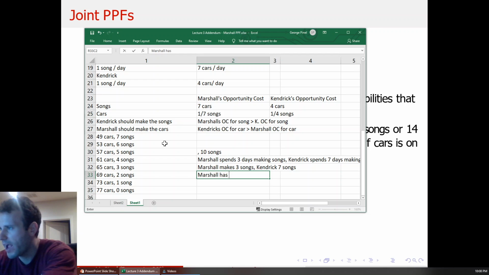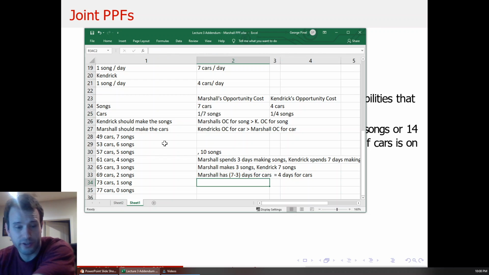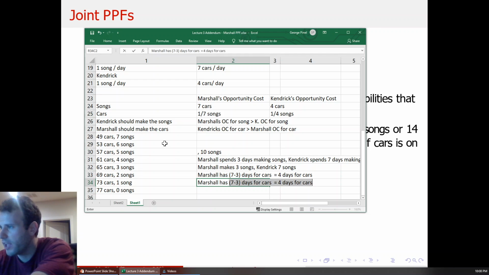Marshall has 7 minus 3 days for cars, right? So that's 4 days for cars. Kendrick has 0 days for cars. So Marshall has 4 days for cars times 7 cars per day. He can make 28 cars.